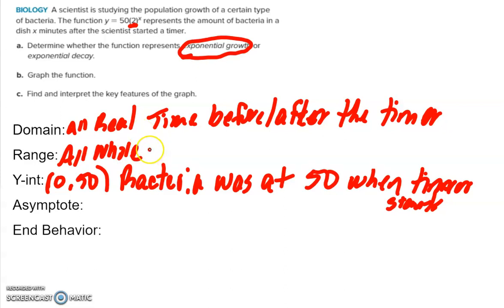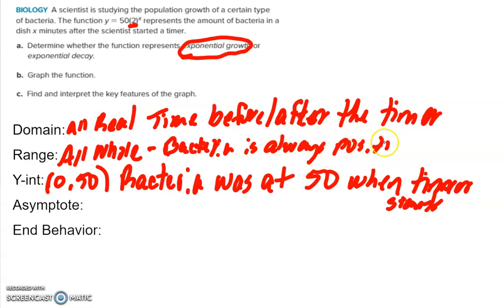And then the explanation would be: bacteria is always positive. Just meaning that it's above 0. Okay, now somebody might say, well, shouldn't it be like after the timer starts?